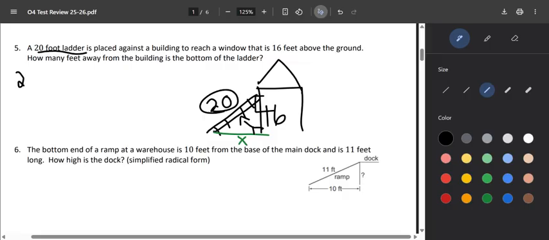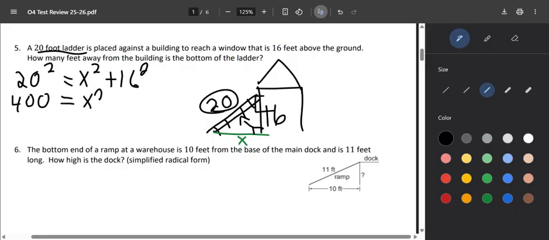So we'll have 20 squared is equal to x squared plus 16 squared. 20 squared is 400 equals x squared plus 16 squared is 256.